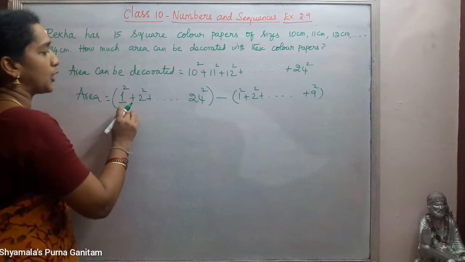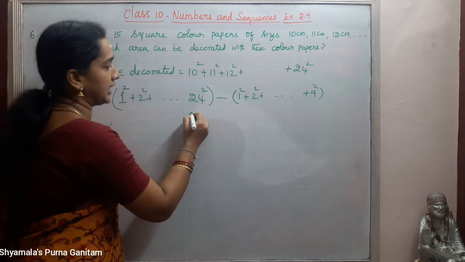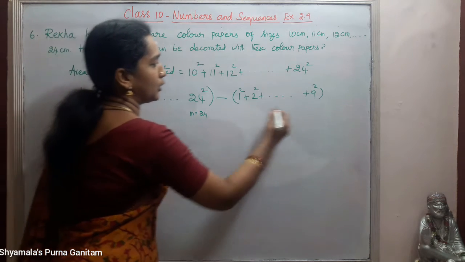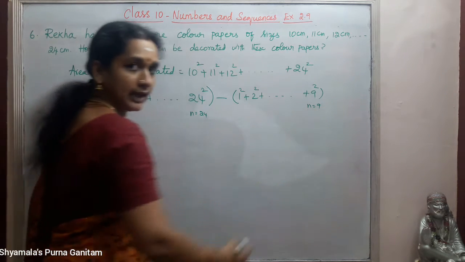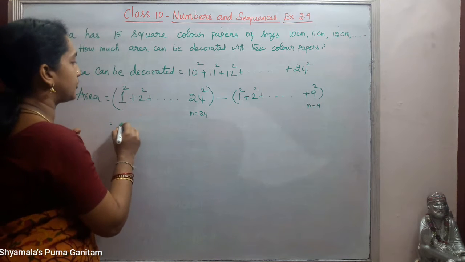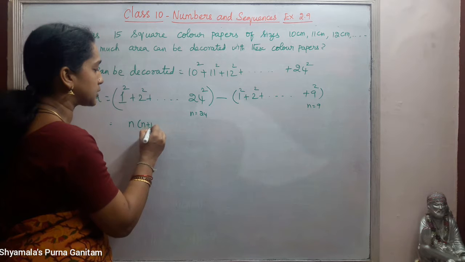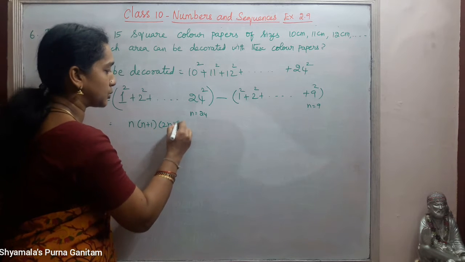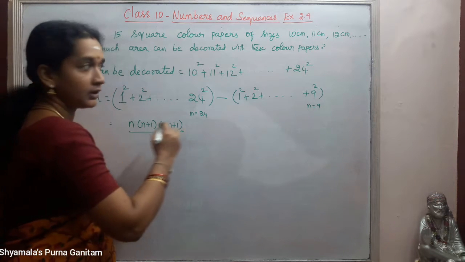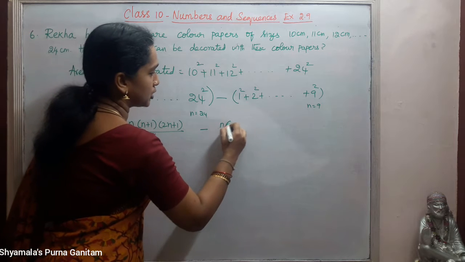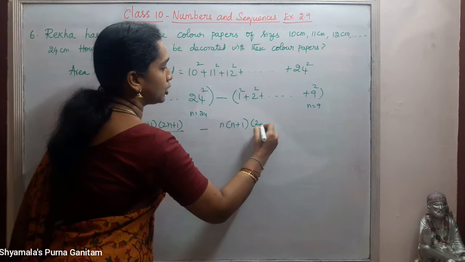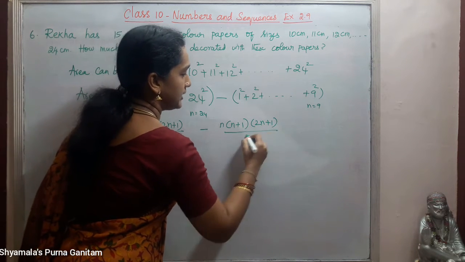Okay. So, the formula for square numbers is here. N is equal to 24 for this, and n is equal to 9 for this. So, the formula for finding the sum of squares is n into n plus 1 into 2n plus 1 by 6 minus n into n plus 1 into 2n plus 1 by 6.